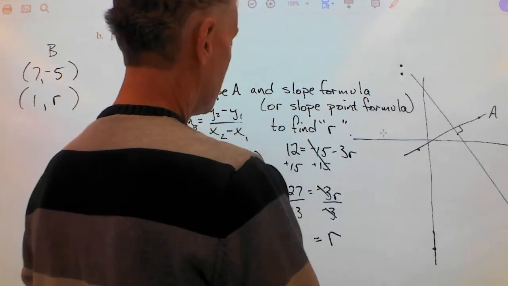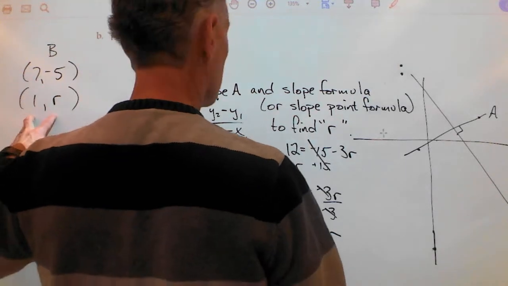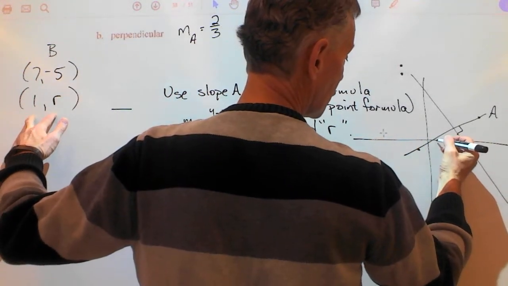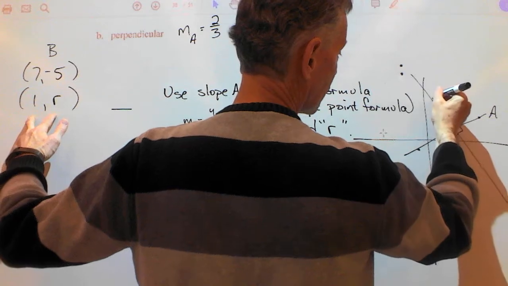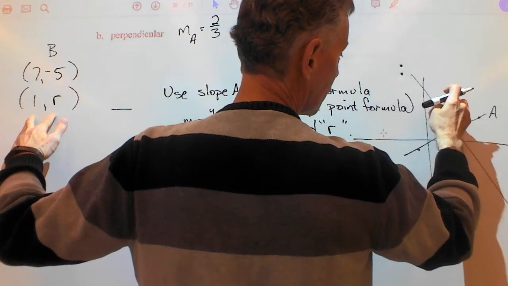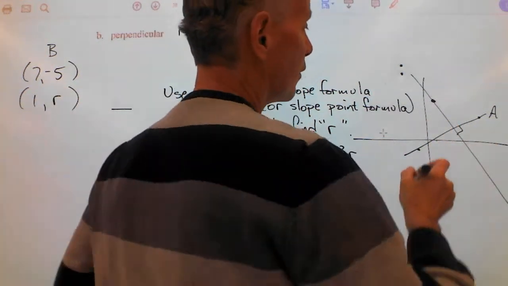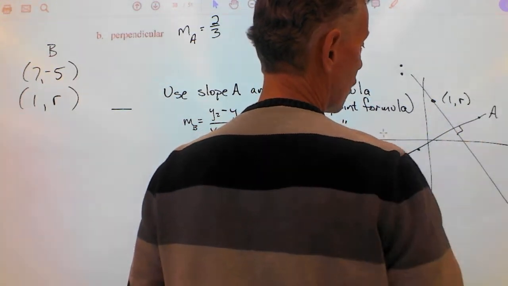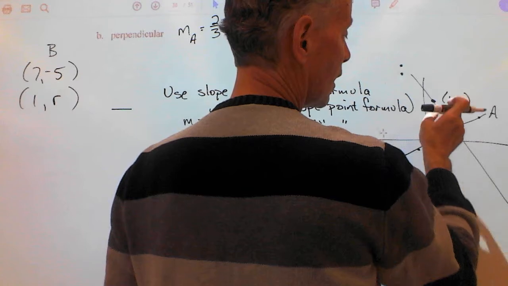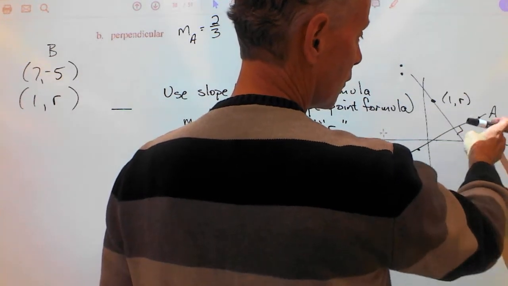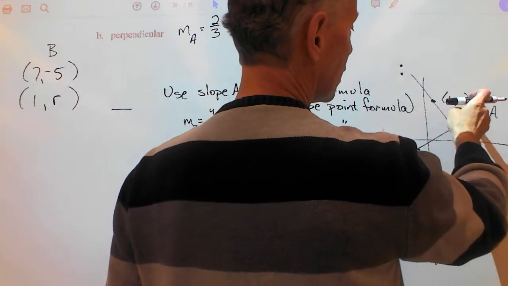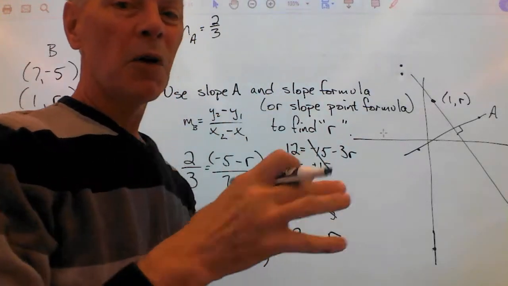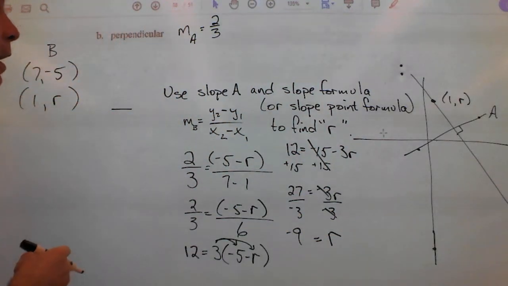So that means we still have a value of 1 for our x. We're looking for a value up here somewhere, right? 1 across and r. So this time, and you can just, very quickly eyeball it, we should get a value for r somewhere around 5.